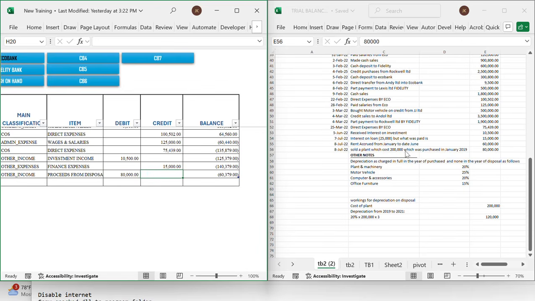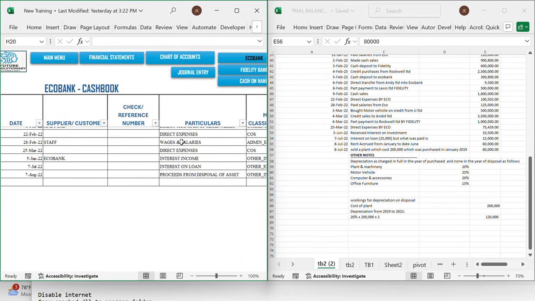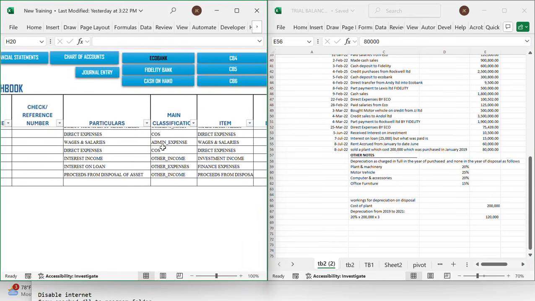Now the next part is for us to debit the disposal account. And if you could remember, I also stressed that we are going to use the sub item, which is gain or loss on disposal, as the disposal account.